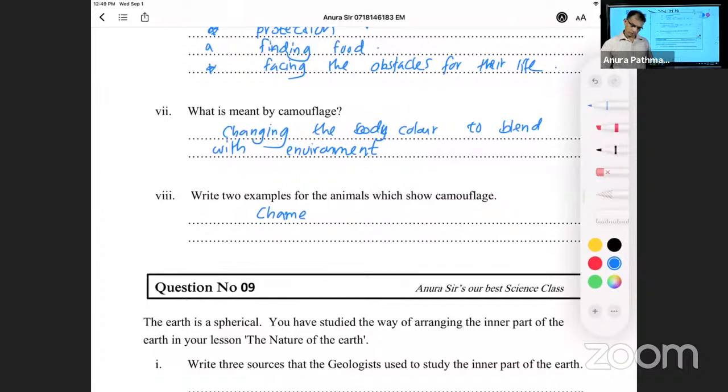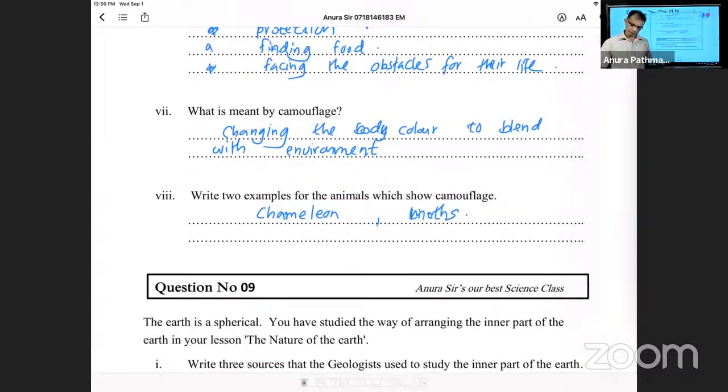You can write anything, no problem. Can we write octopus? Yes, they change their color.